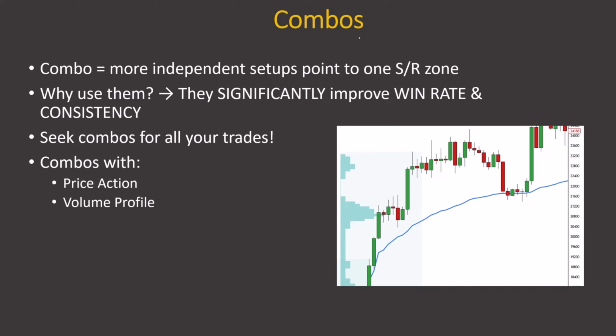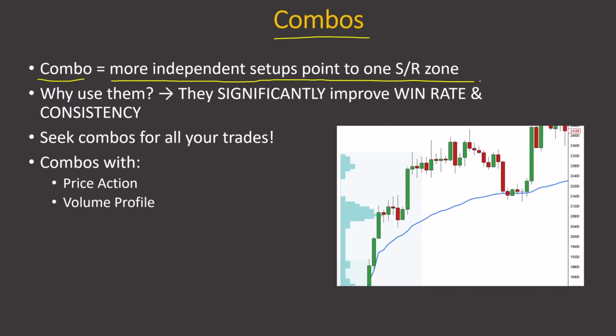So now I'll talk about the combos. Combos is where more independent setups point to one strong support or resistance zone, right? So far we've covered some simple VWAP setups, which are solely based on VWAP, and those tend to give good results.